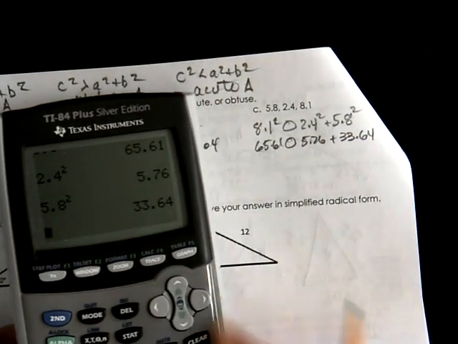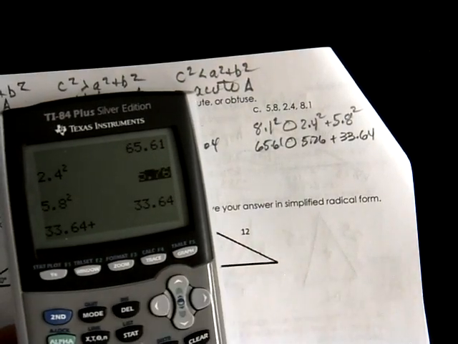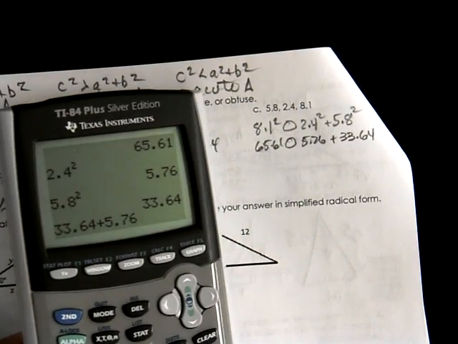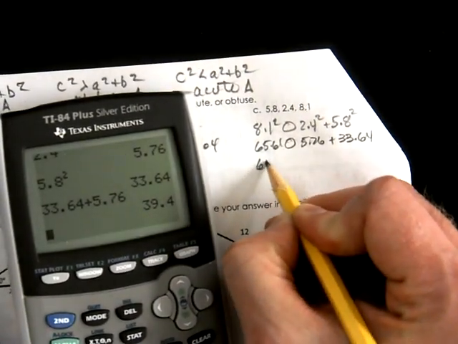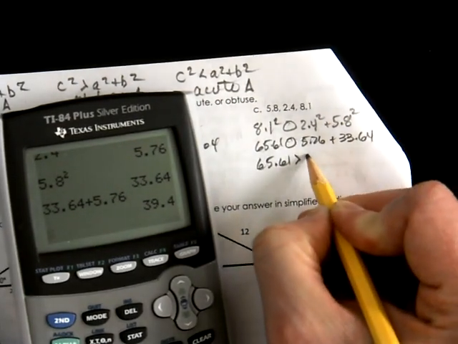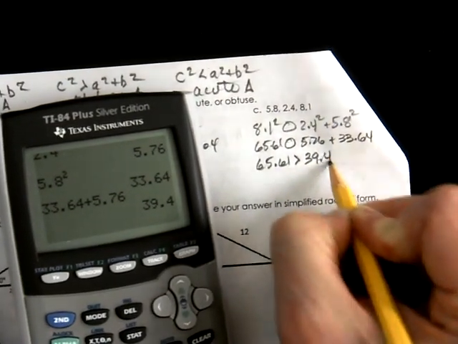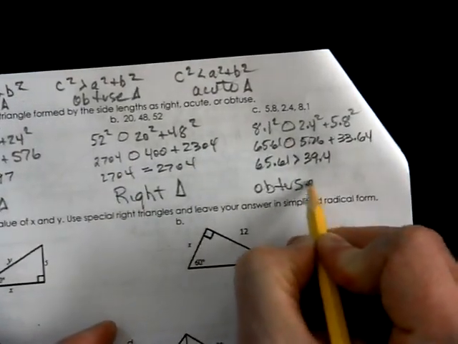And we add this number with that number, we get 39.4. So 65 is much larger than 39.4. So this is clearly an obtuse triangle.